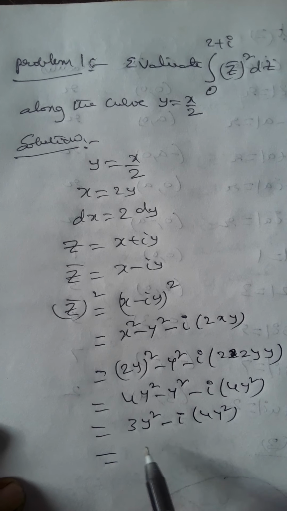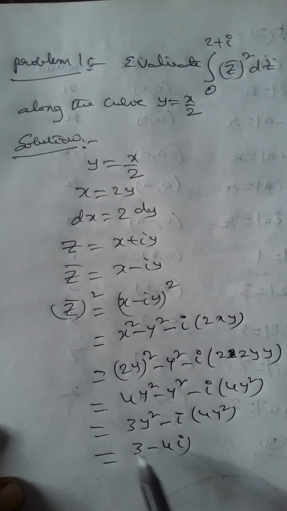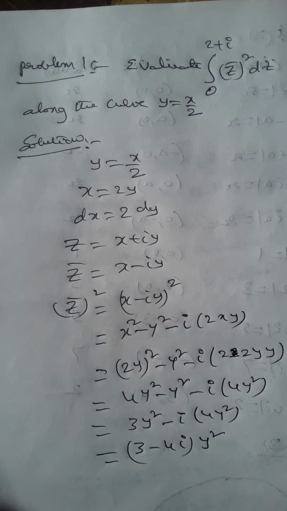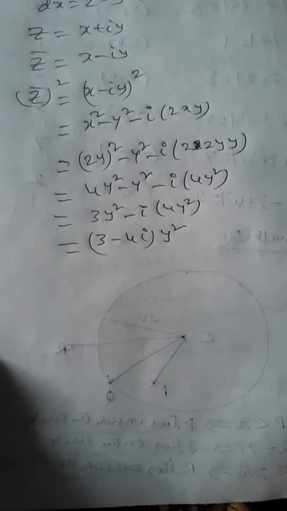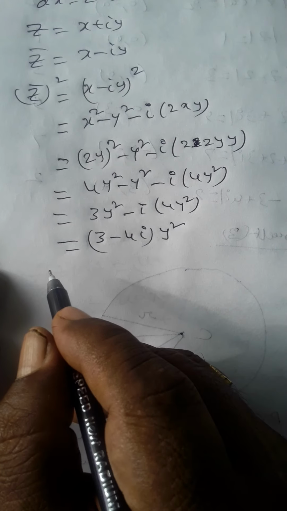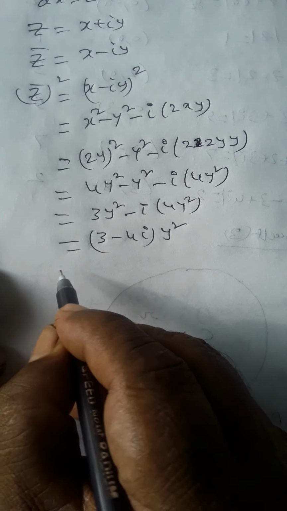So taking y square common, 3 minus 4i into y square. This is z bar whole square.